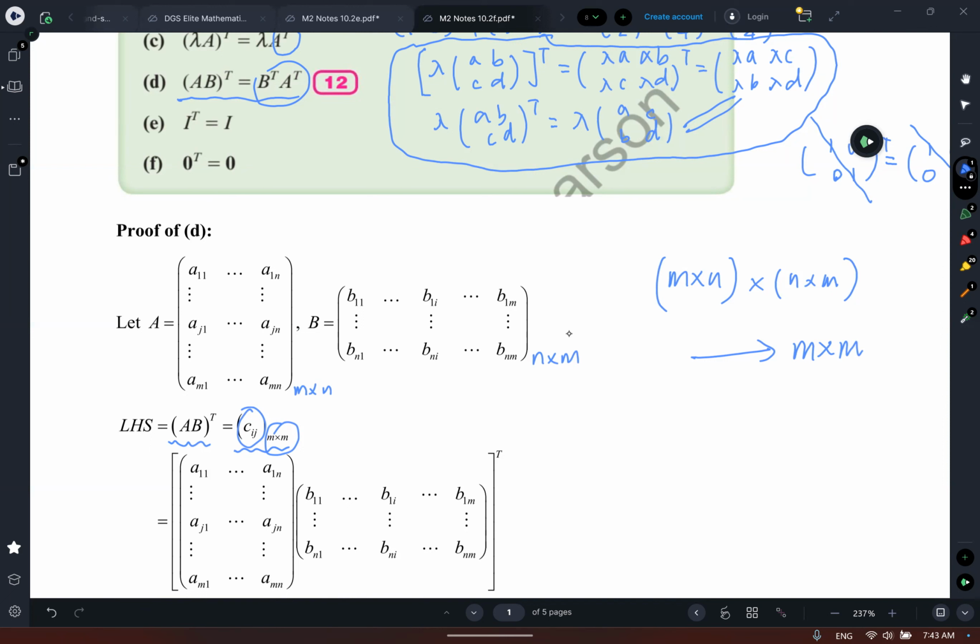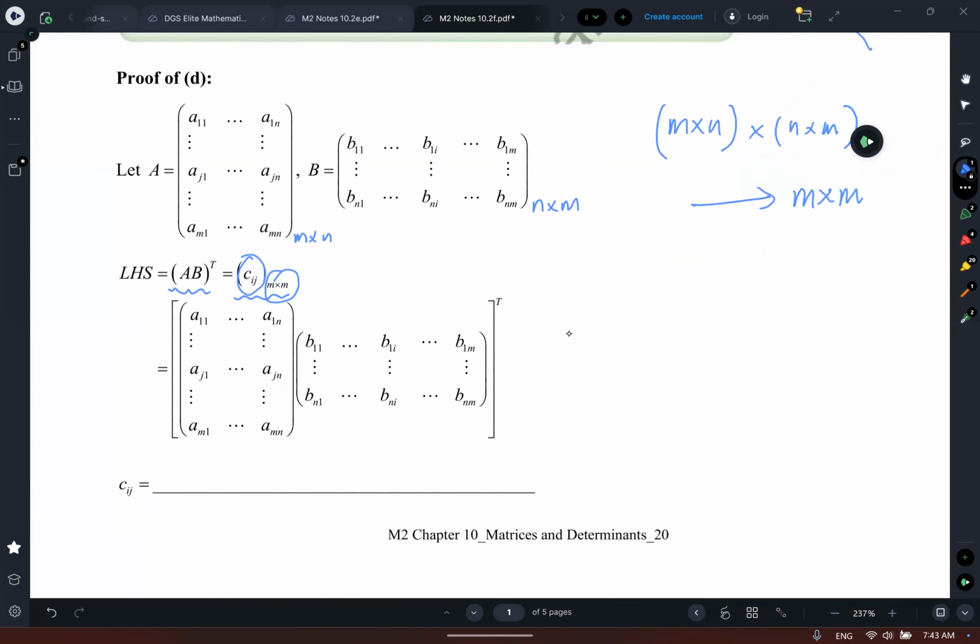But I call all of them Cij, the numbers inside. Then I do the substitution, putting A inside and B inside. I found that Cij must be calculated from a certain row and a certain column, because to get this value, I must use the jth row times the ith column.